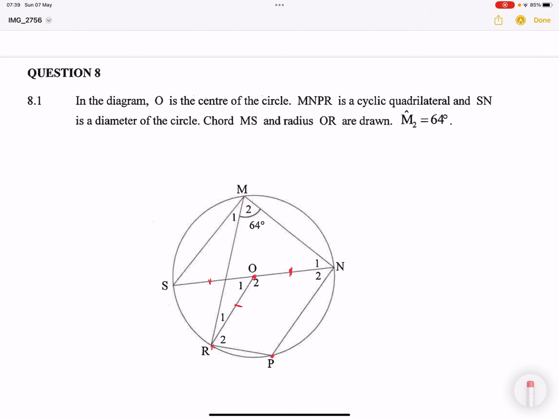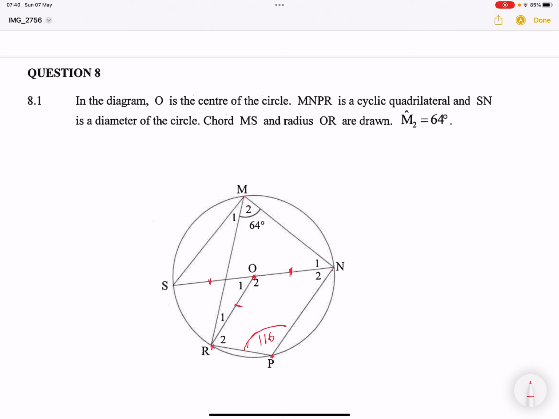So in this case, it means M2 and angle P will form 180 degrees, and so angle P should be 180 minus 64. That should give us 116 degrees. So I'm working within the diagram before they even ask me any questions.